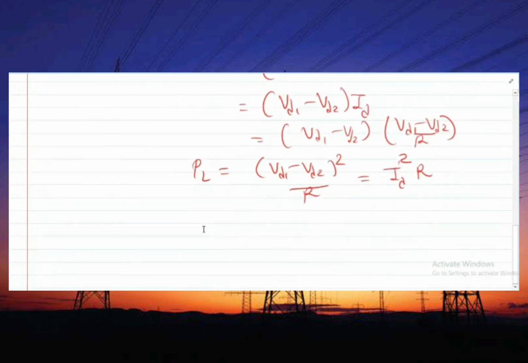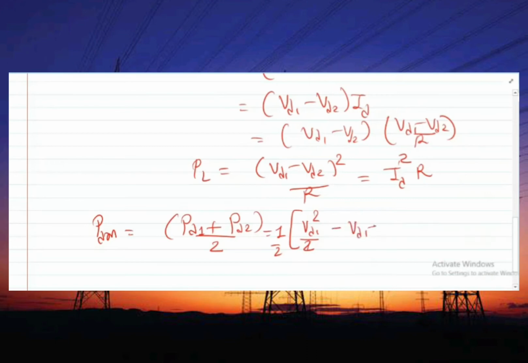Now we can calculate the power in the middle of the DC line, which is denoted by PDM. The power in the middle of the DC line is equal to PD1 plus PD2 divided by 2. So put the values of PD1 and PD2.